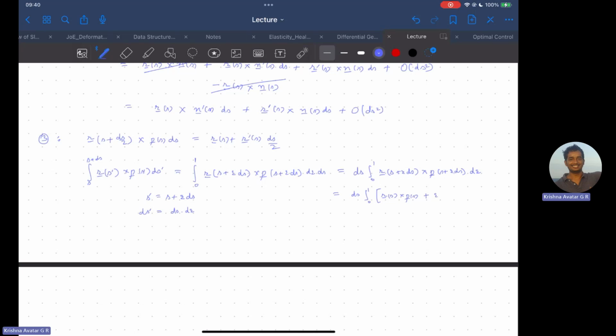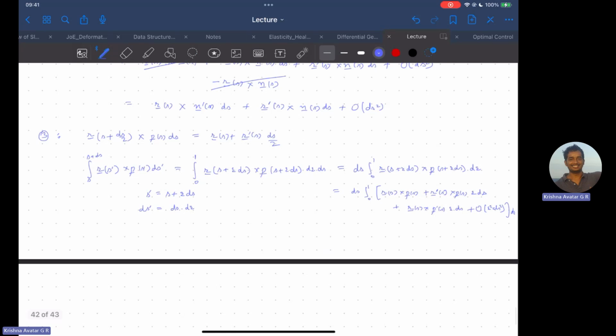I'm making it more complicated, but yes. We get r prime of s times epsilon ds cross p vector of s, plus r of s cross p prime of s epsilon ds, times ds d epsilon. I think we can make some headway here.